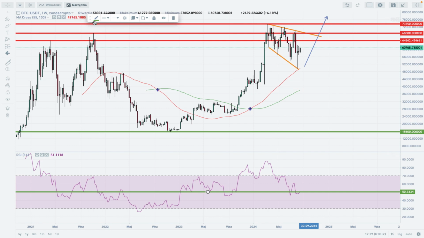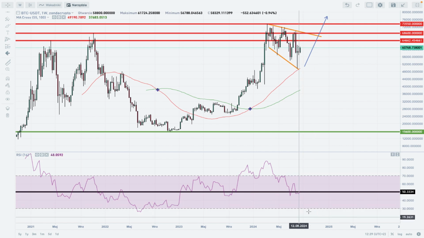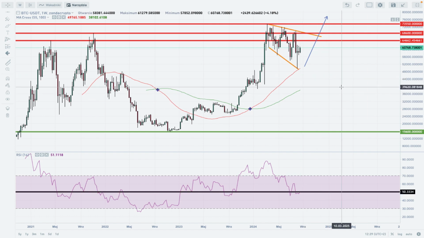You can see they were trying to move lower below the level of 50 to open the road towards the negative momentum zone, but it never happened. Every time we went towards the level of, let's say, 46, 45 points, we bounced immediately. Then we went towards the level of 48 points, and we bounced immediately. So we tested this neutral zone, and the market is ready to move higher on a weekly basis.